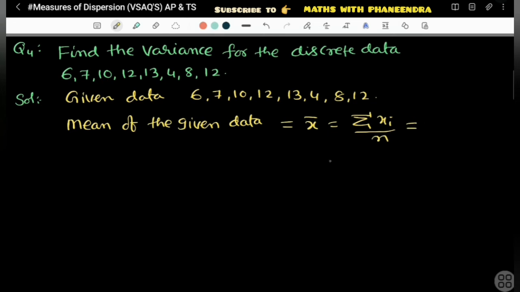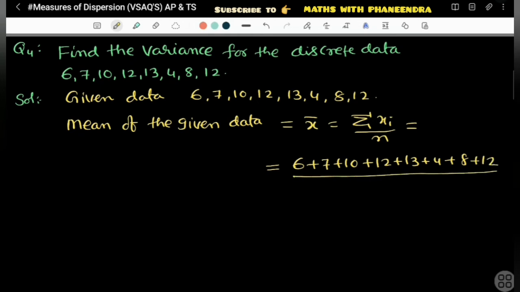So we can add all, which is equal to 6 plus 7 plus 10 plus 12 plus 13 plus 4 plus 8 plus 12 by n. N is equal to 8.